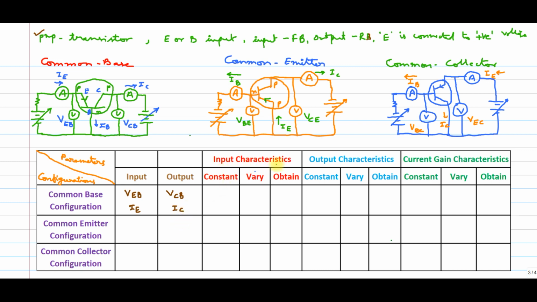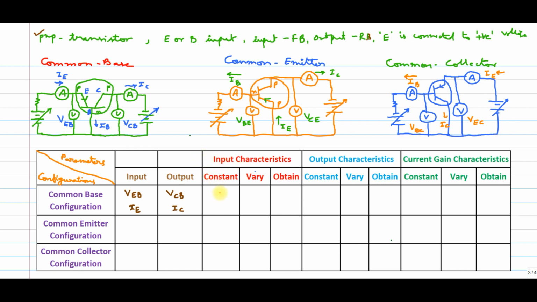And what does it mean by input characteristics? I want to cover common base configuration completely, so let me cover one complete row first. For each characteristic there are three parameters: a constant parameter, a variable parameter, and an obtained parameter.